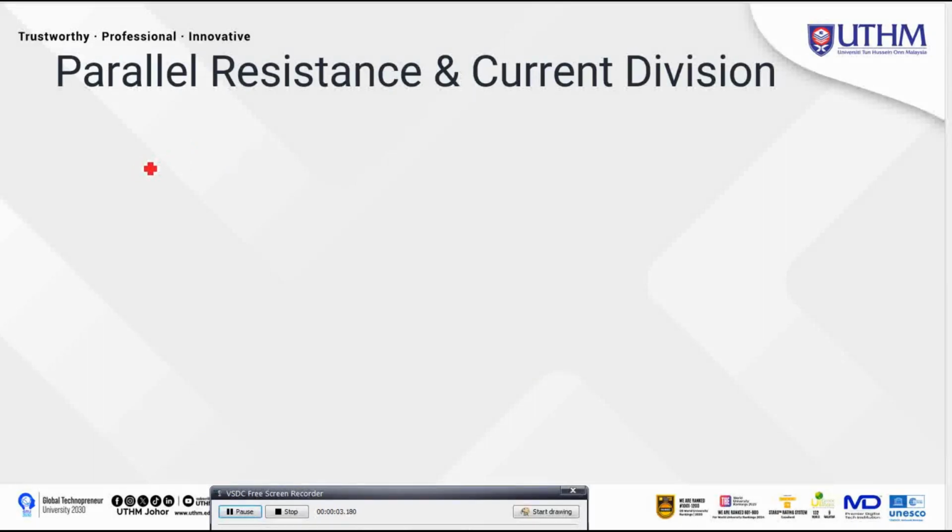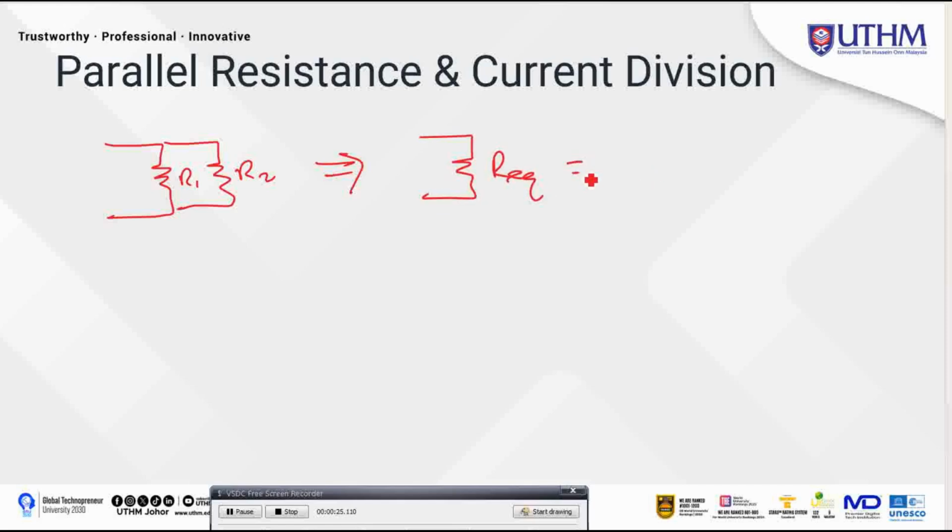Okay, for the parallel resistor, let's say we have resistors connected in parallel. Let's say we have 2 resistors, R1 and R2. So the equivalent resistor that we can determine, let's say we combine them together, R equivalent, will be 1 over R1 plus 1 over R2, to the power of minus 1.